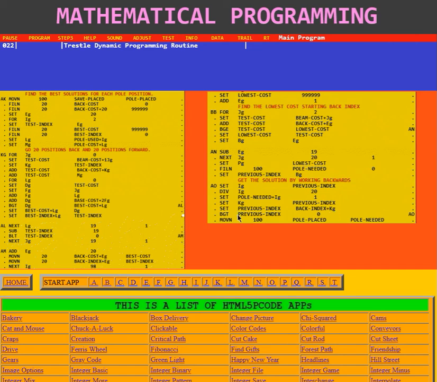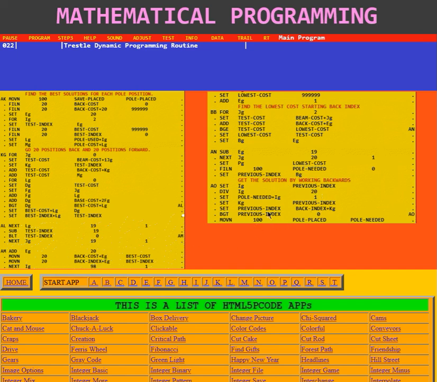Then it says branch if greater than. The previous index is greater than 0. That means there's another one, because originally we said all indexes were 0. So when it gets back to the beginning, it'll be 0. So it can't go around anymore. But it keeps going around here from one pole to another pole to another pole, using this information that was saved over here, this back information.